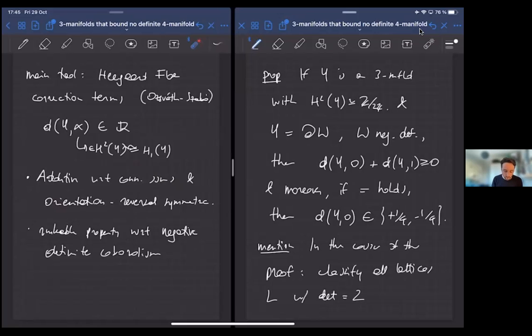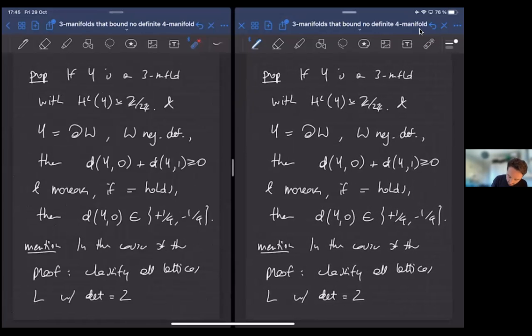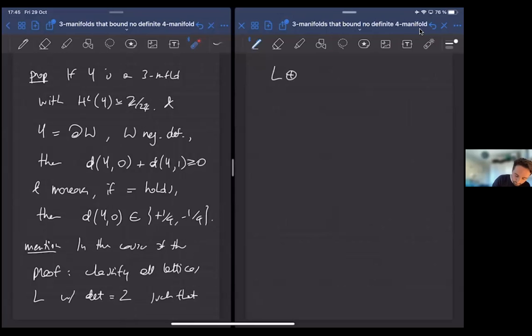Determinant you can think of as the co-volume, or the determinant of any Gram matrix for L, such that L plus L embeds in Z to the twice the rank of L with the standard Euclidean bilinear form. This is an embedding of quadratic forms or of lattices. So you want the bilinear product to be respected, or if you want, this to be a sublattice where you restrict the Euclidean product.